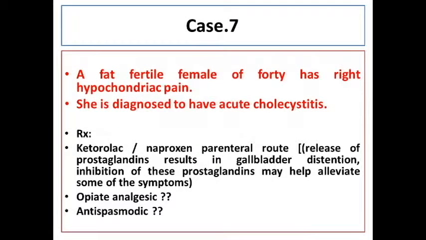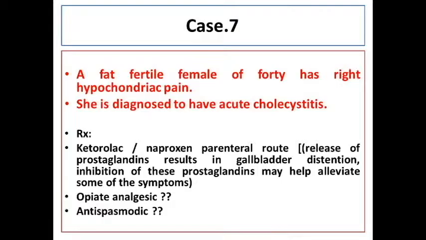So moving on with case 7. Here, a fat fertile female of 40, typically a patient of gallbladder pain, because she is diagnosed with acute cholecystitis, which means there's an inflammation of the gallbladder. Now here again, because of the inflammation, we would prefer that we use an anti-inflammatory drug. Ketorolac, naproxen are the drugs of choice.